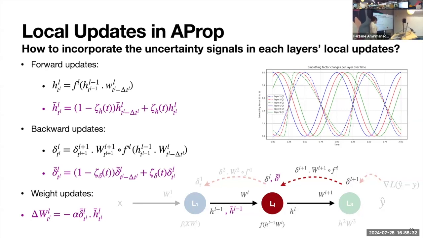But I perform more updates using the traces of input activation and error. I use the traces that allow me to average out noise. And these activation and error traces are also calculated based on their own smoothing factors, zeta delta and zeta h, that change over time.